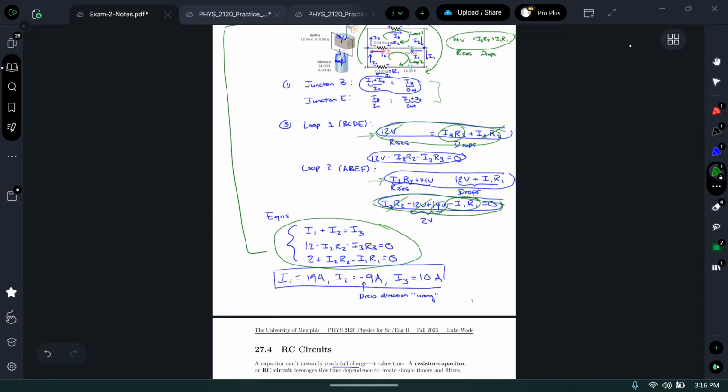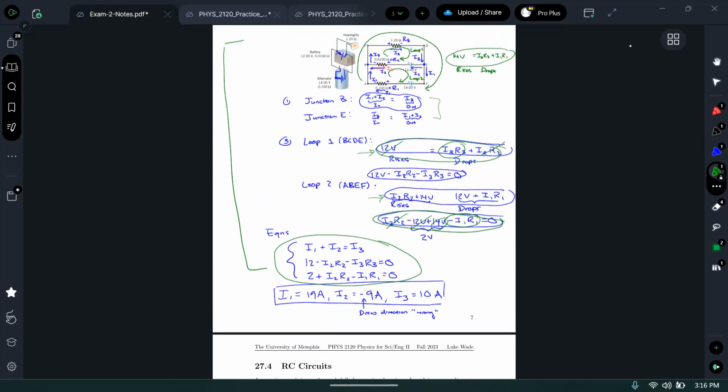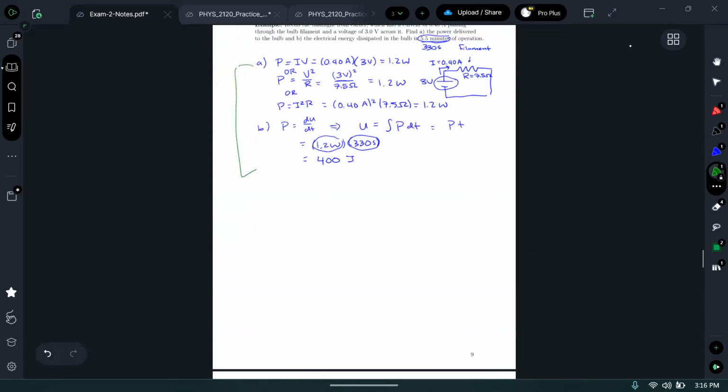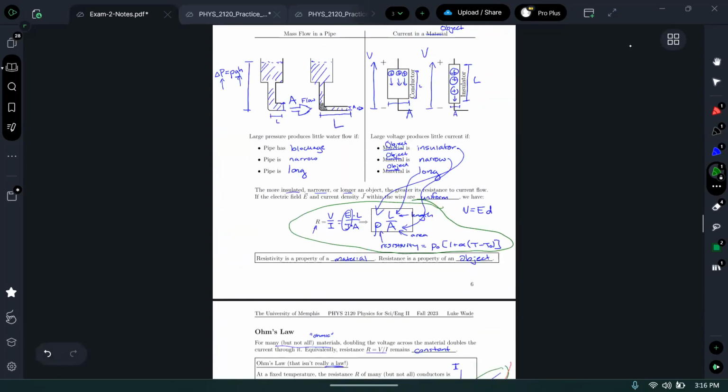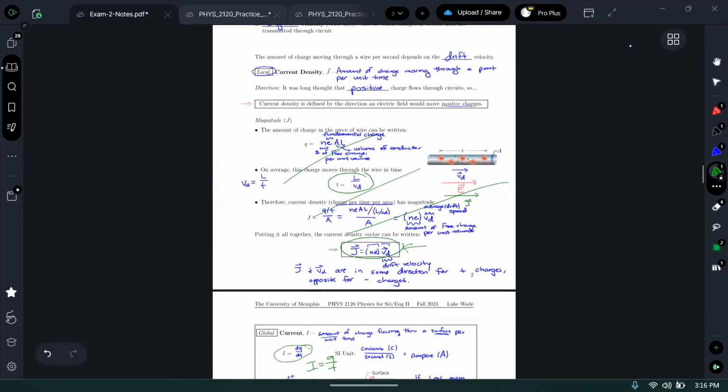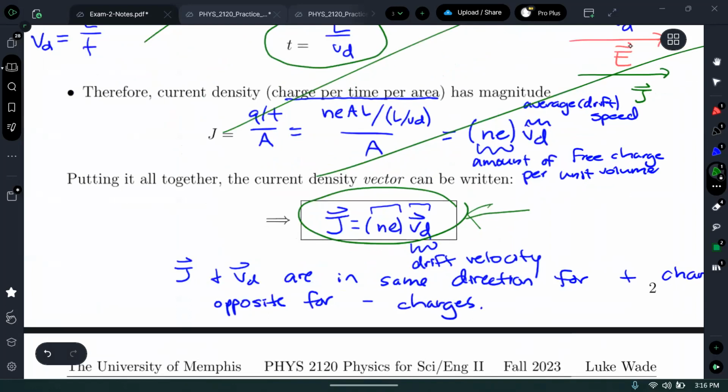Okay, and that other one with the J, what is NE? Can you tell me what NE is? Sure. So NE, scrolling back up here. There we go. So N is the number of charges per unit volume.